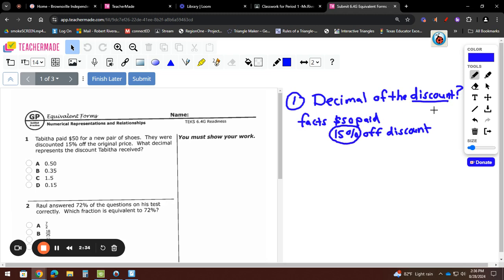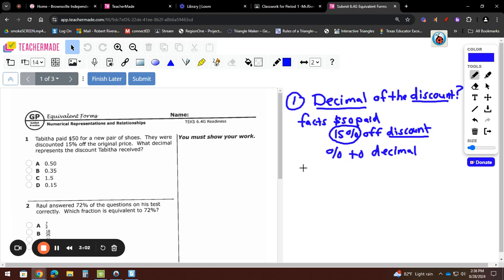I need the discount. This is a discount. So I know that I'm going to go from percent to decimal. Why to decimal? Because that's what they want. Why else? Because look at all my choices. They're decimals.